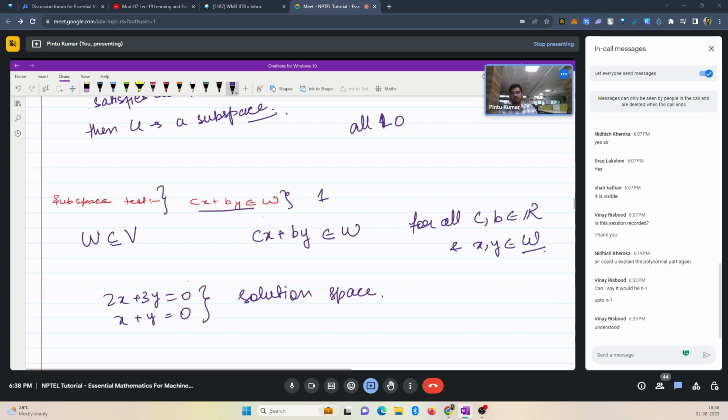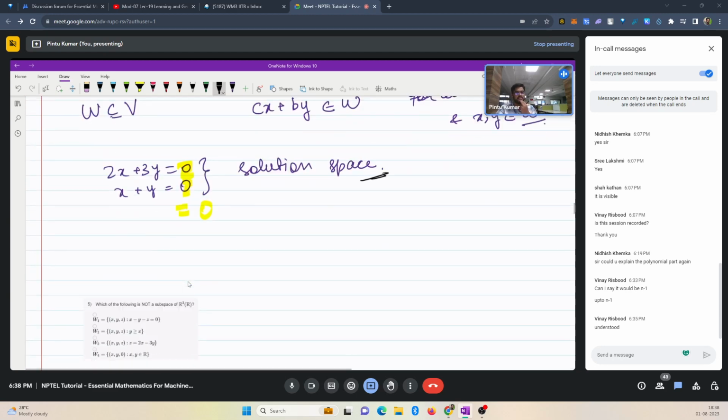If you have the coefficients on the right side equal to 0, then this forms a vector space. Now if we want to check whether this would form a vector space or not, if we go on verifying all the properties of a vector space, it would take a lot of time. So we just check this property, that Cx plus By belongs to W.